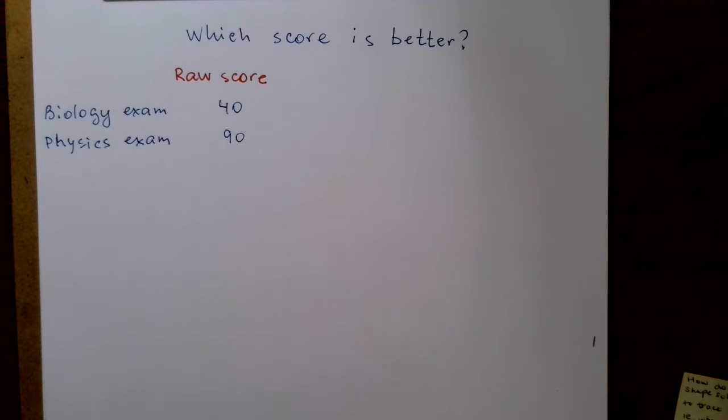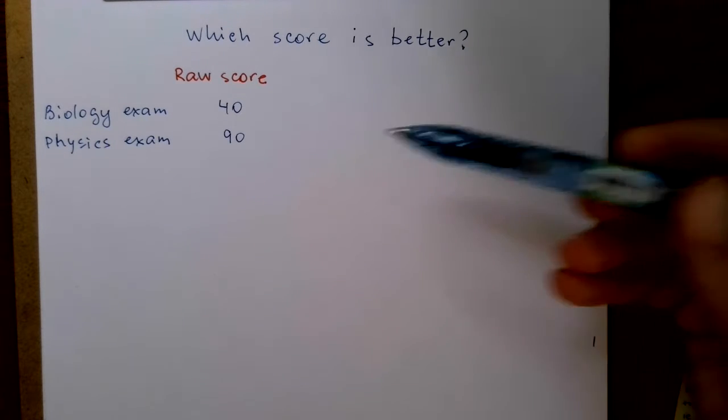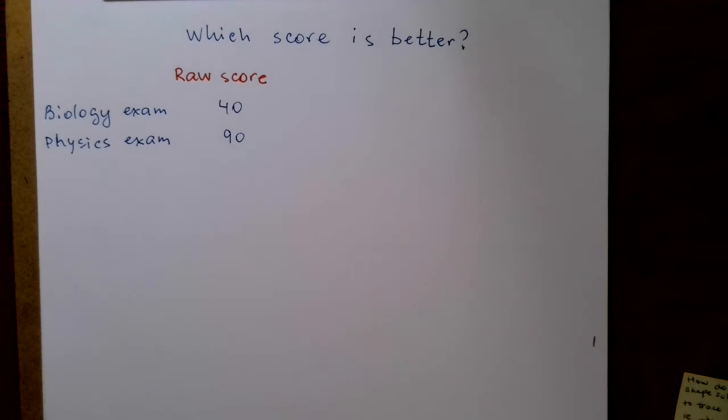All right, so a lot of students here say, well, we want to know what the maximum number of points was, just in case these are not percentages and just raw points, which, yeah, that's what they are. And some say after a while, okay, we also want to know the average.